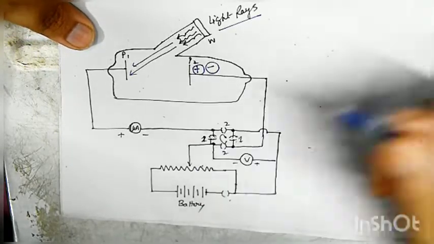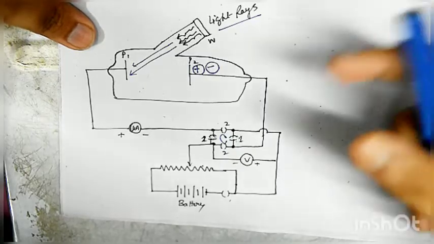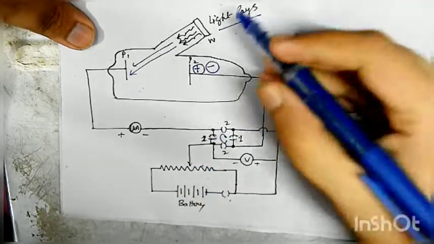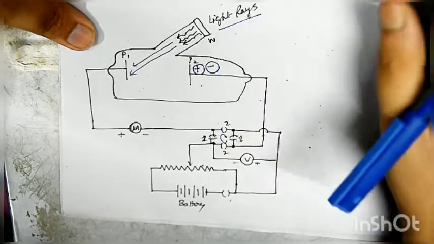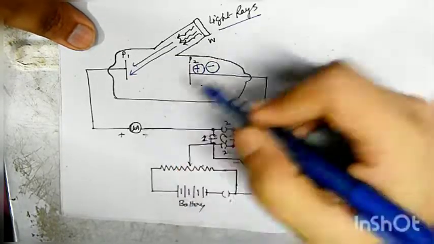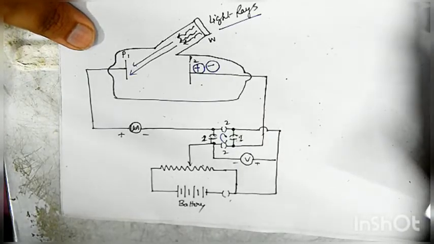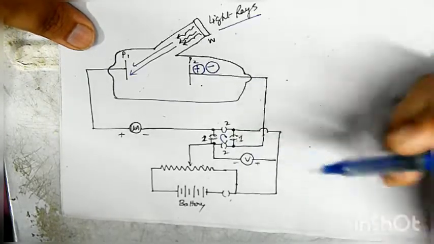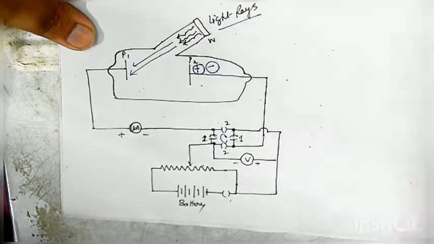This variable resistance works as a potential divider to increase the potential value on this P2 terminal. This microammeter is kept in the circuit to measure the current flow, and this voltmeter measures how much potential we are applying here.